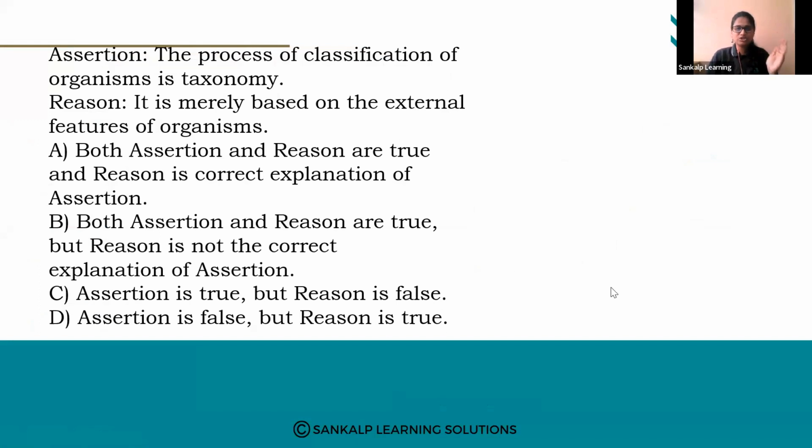Option C, assertion is true, reason is false. Option D, assertion is false, reason is true. What is your response, guys? Ranjit answered option C. Darshini, Pratima BM, Akshata, Rashmi, Chetana, Priya, Chitra, Sanvi. Yes, my dear YouTube students.